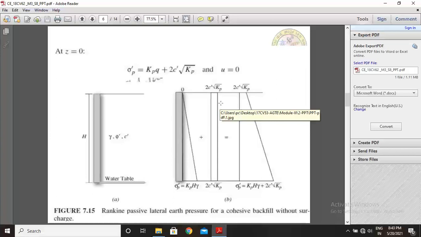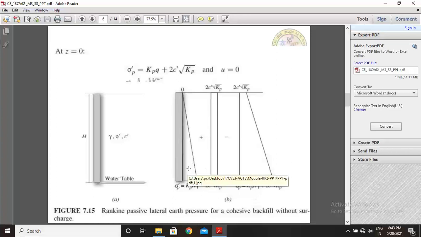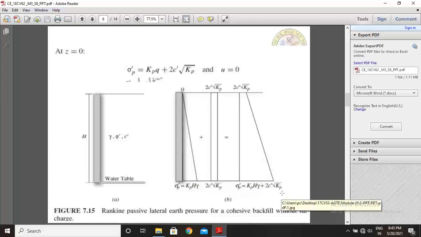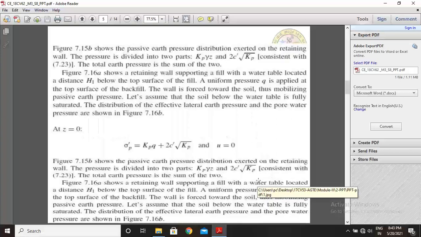So this is due to passive earth pressure with respect to cohesive soil, sigma dash p equal to Kp gamma z plus 2c root Kp. This plus this becomes the actual passive earth pressure. So this is the calculation of passive earth pressure at different depths.